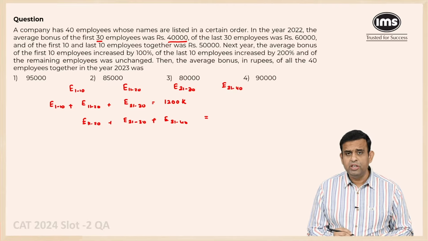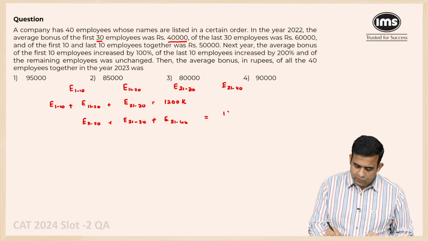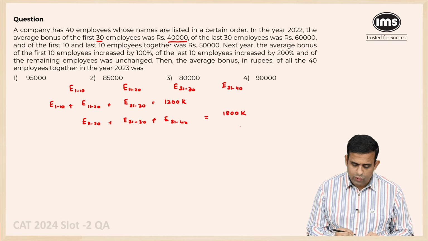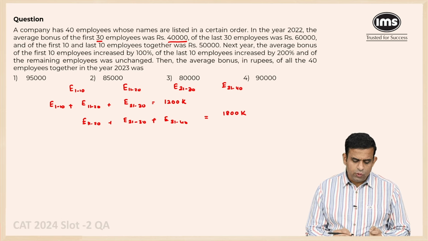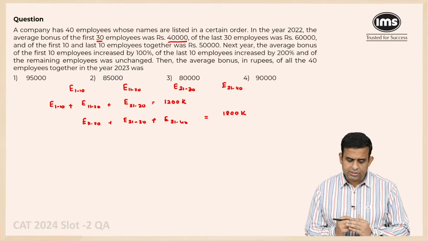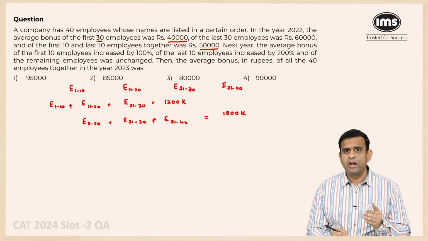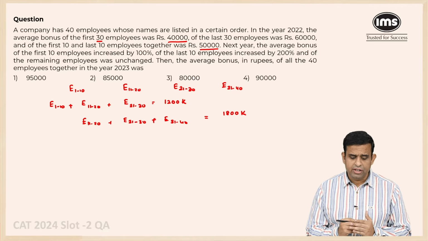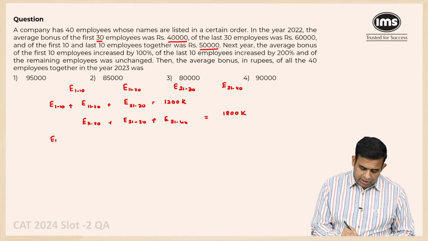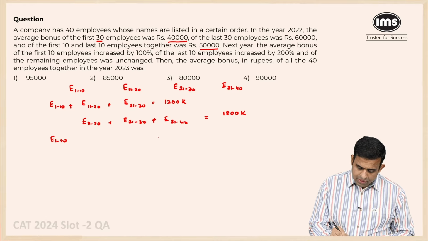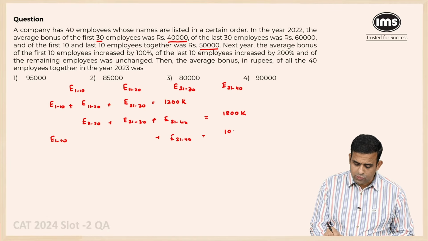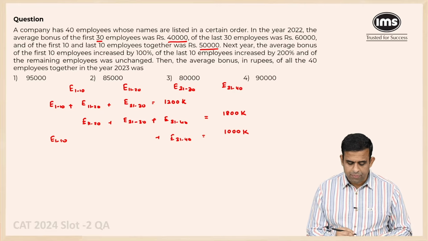And this total must equal 18 lakhs, or 1800k. And finally, they told you the first 10 and the last 10 together average 50,000, which means if I multiply by 20, I get 10 lakhs. So the total of the first 10 and the last 10 must equal 10 lakhs, or 1000k over here.